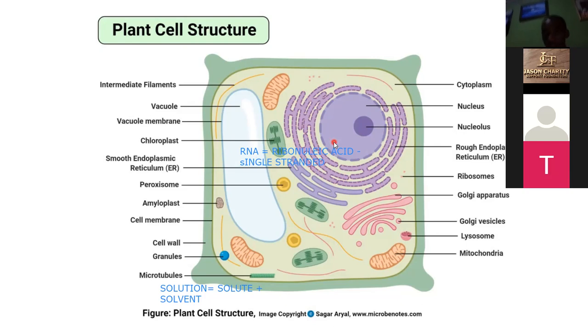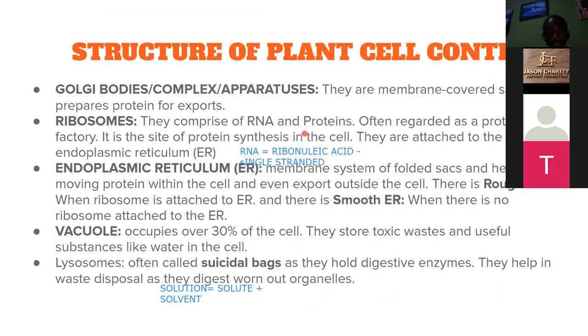When they are not attached, it is called the smooth endoplasmic reticulum. In an exam, they might ask: there are two forms of endoplasmic reticulum, what are they? They are the rough endoplasmic reticulum and the smooth endoplasmic reticulum.